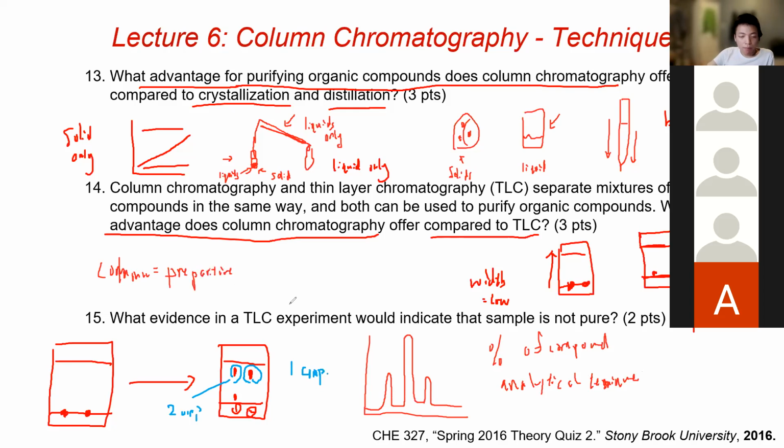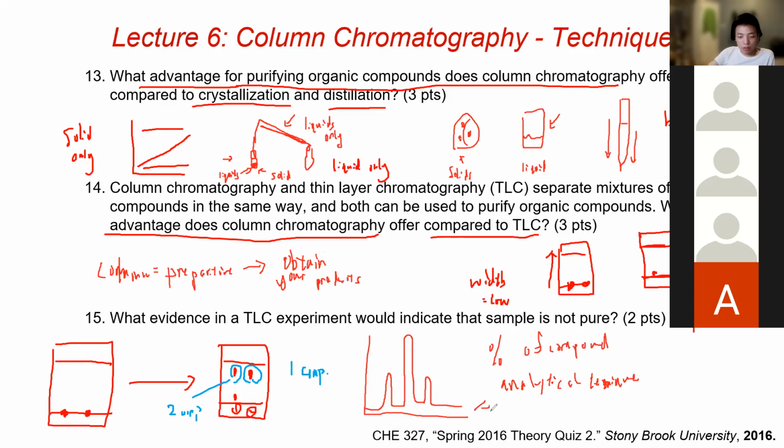What do you mean by preparative exactly? Like you're preparing an experiment and you want to separate the compounds, basically obtain your product. Okay, so you obtain one of the products, that's why it's preparative. Isn't it just qualitative?